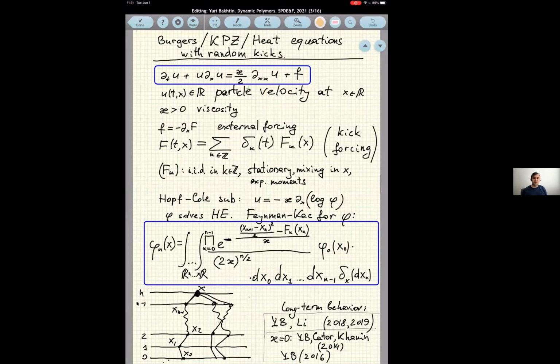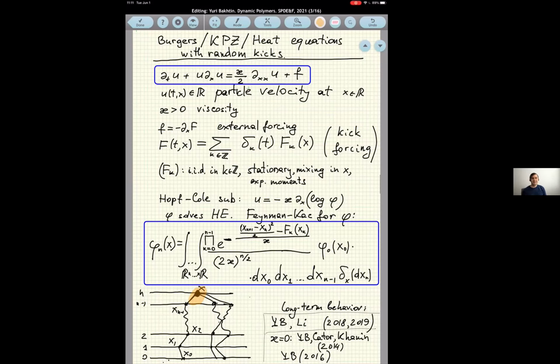What this formula really means is you take point x, at time n, and from that point you can emit the Gaussian random walk back in time, and you're integrating over all those Gaussian paths.